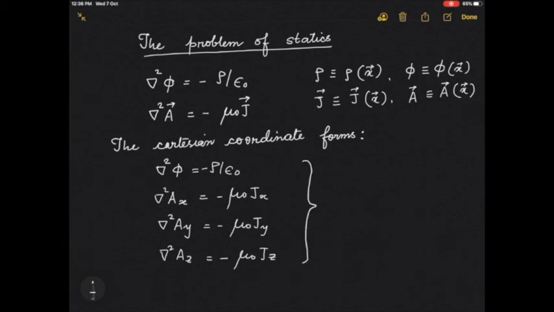If you look at these, they have the exact same form. Well, why do I say that? If you write it in spherical polar coordinates, for example, the operators will look different. But if you write them in Cartesian coordinates, the operators are all the same.